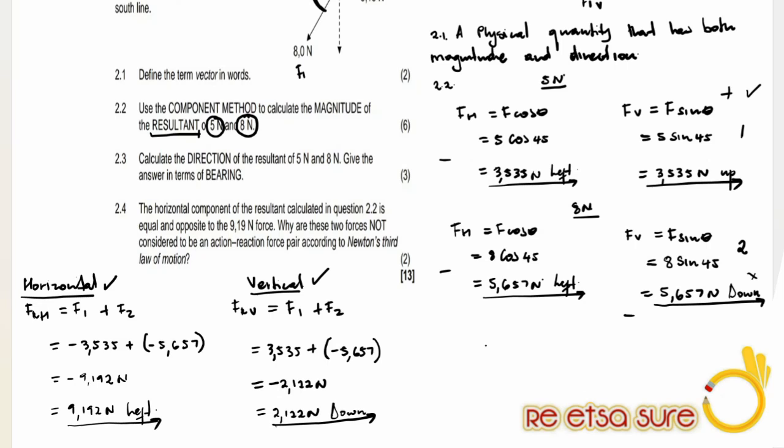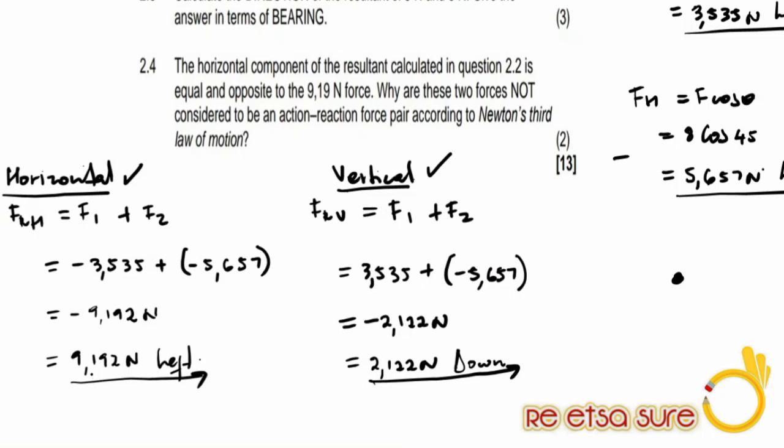Okay, so now let me do it, my beautiful learners. I have the horizontal components. The horizontal resultant for this one is 9,192. What is the direction? Is to the left. So meaning here is my resultant. That is equivalent to 9,192 Newton to the left.